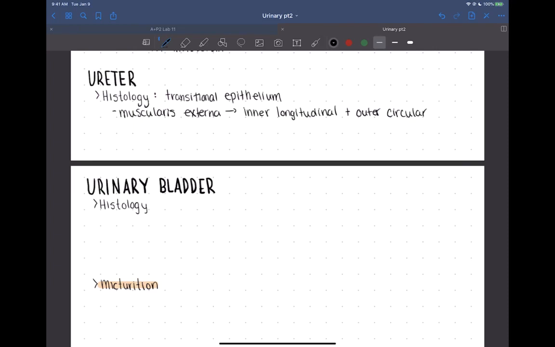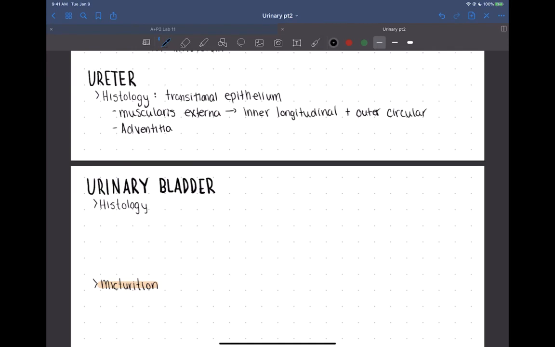That's in the ureter. And then it is retroperitoneal, so it's the U in SAD PUCKER. Because it's retroperitoneal, it has adventitia around it.